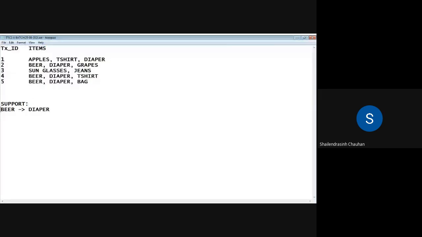You want to find out the support. Total how many transactions are we having here? 5. Out of all 5 transactions, how many are having beer, diaper both together? 1, 2, and 3. So 3 by 5. That is 60% support for this.